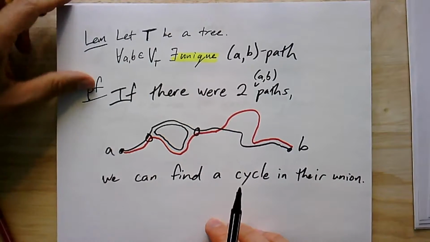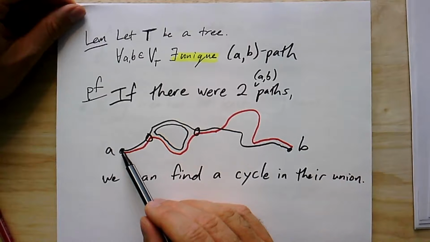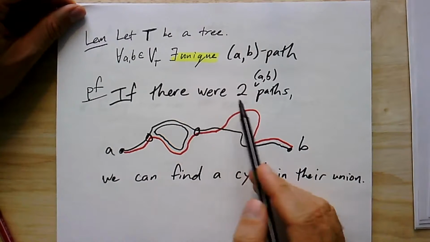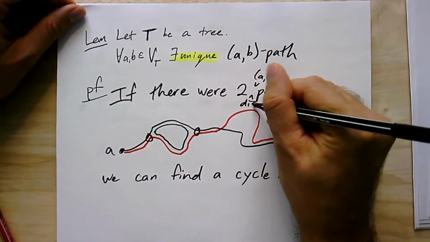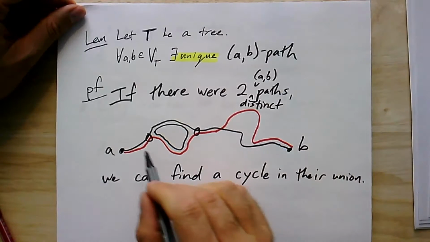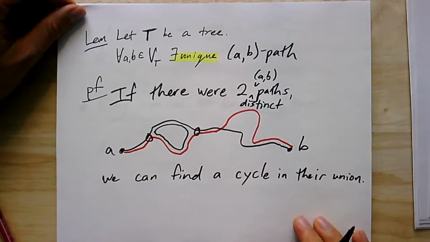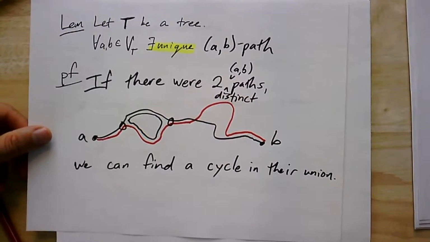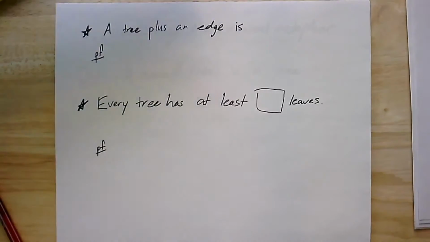But the intuition, I think, is pretty clear here. If you had two different paths, since they start together and they end together, but they can't stay together the whole time because they're distinct, then it means that they separate and they come back, and from there you can create a cycle. All right. If we have any two vertices, we can always find this unique path, and we're going to use these unique paths a lot.